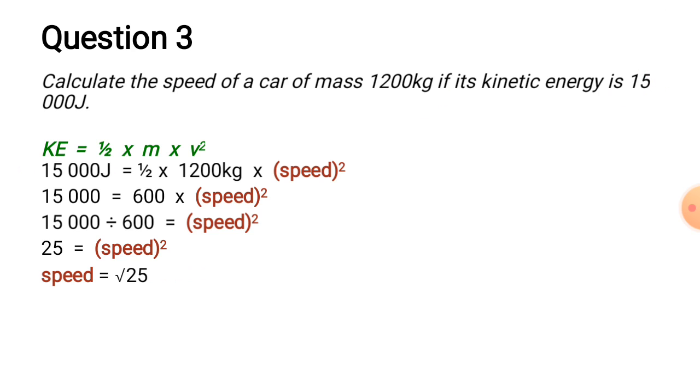There is no need for any conversion. You have to rearrange the formula, and finally when you simplify, you have to take care about the speed square. When you transfer this square to the other side, you have to make it a root. Then finally you get your answer.